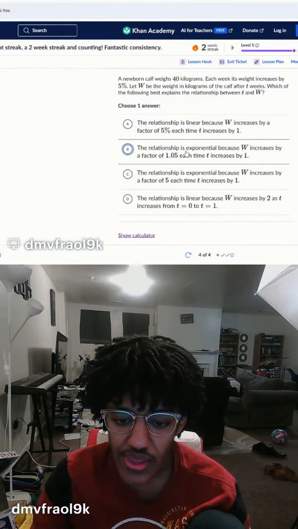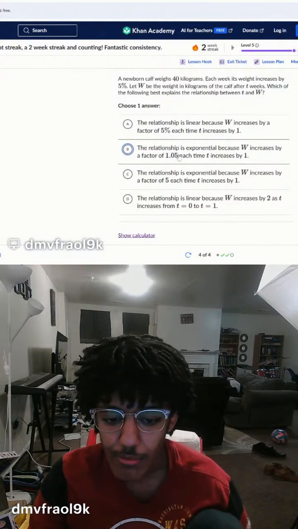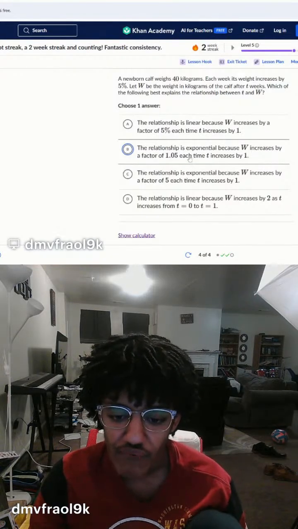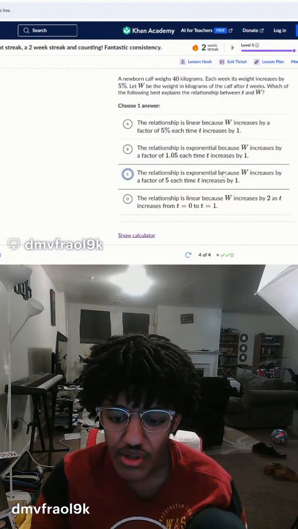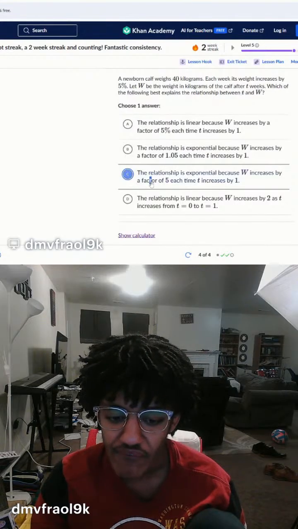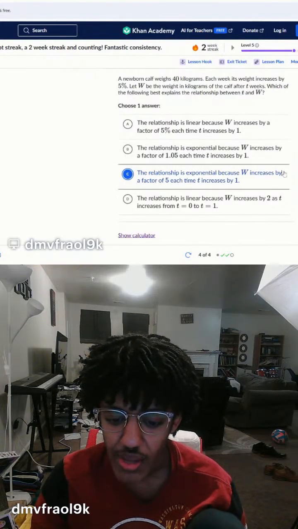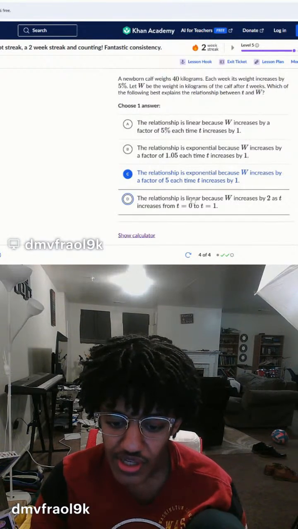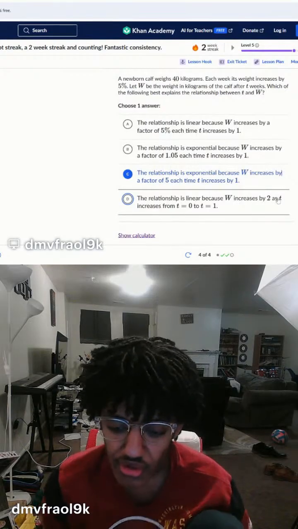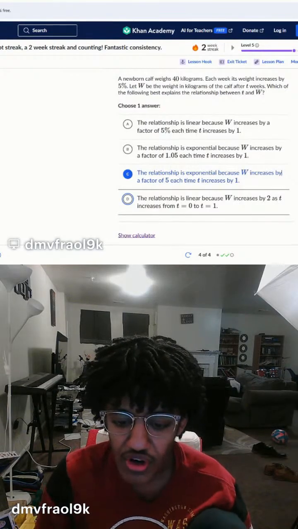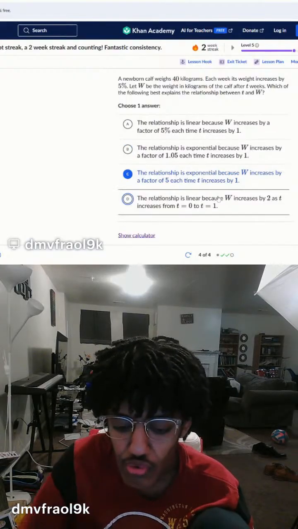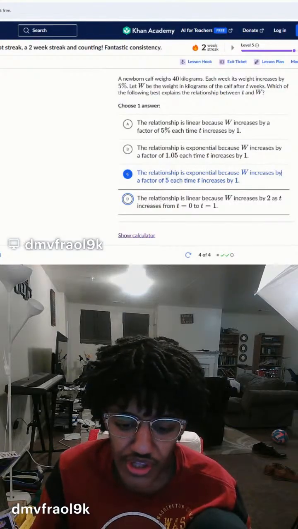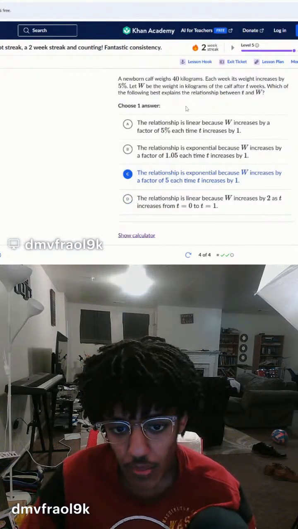The relationship is exponential because W increases by a factor of 1.05 each time T increases by 1. The relationship is exponential because W increases by the factor of 5 each time T increases by 1. The relationship is linear because W increases by 2 as T increases from T equals 0 to T equals 1.